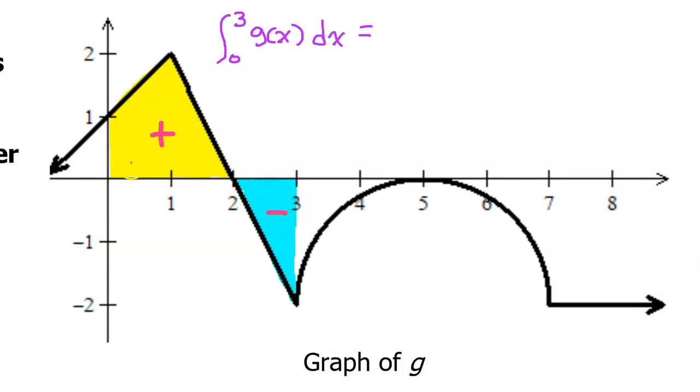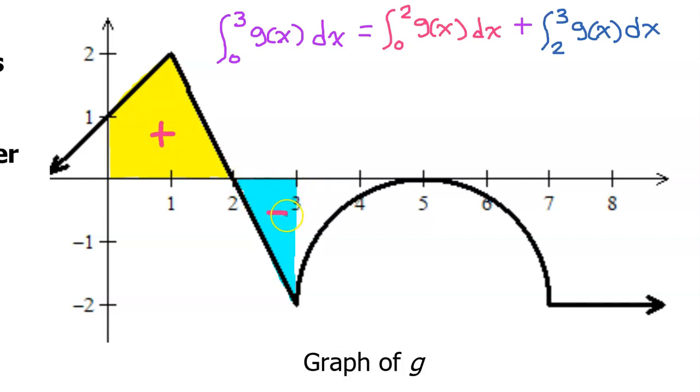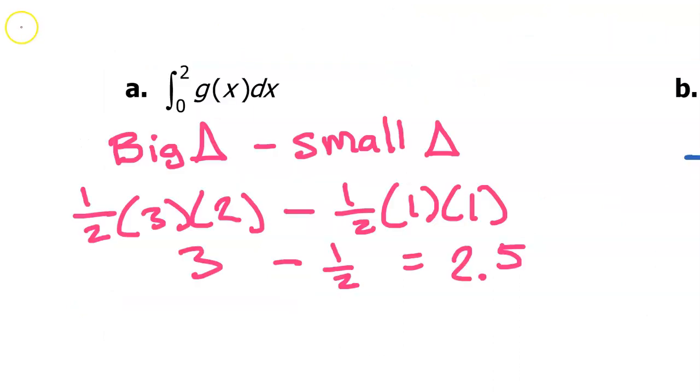This can be thought of as the sum of the integral from 0 to 2 plus the integral from 2 to 3. In other words, it is this yellow positive area plus the blue negative area. Splitting it up this way will be useful because we already found this one on a previous problem.